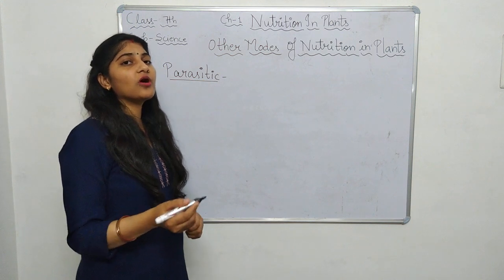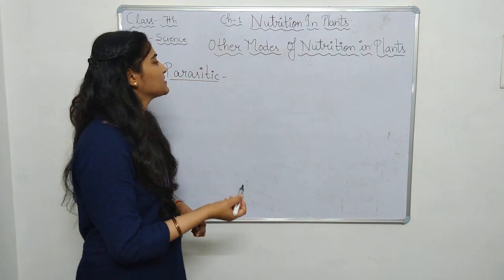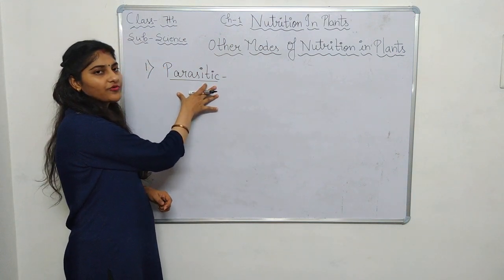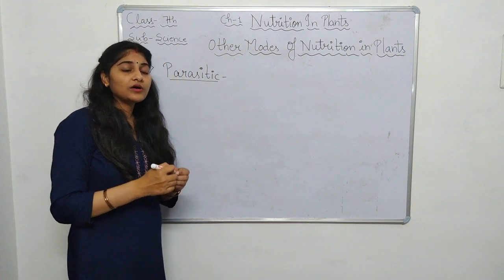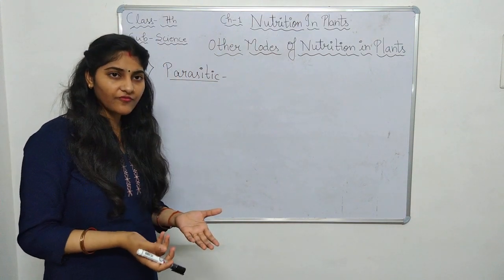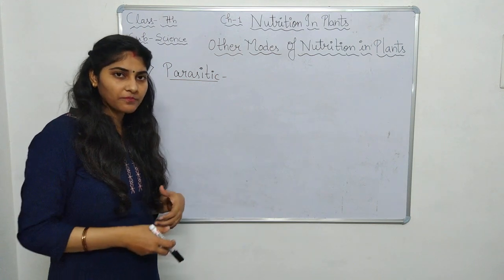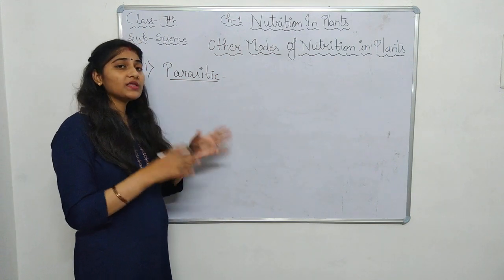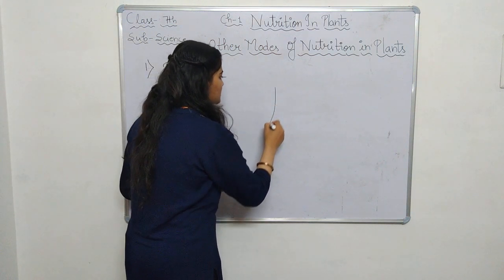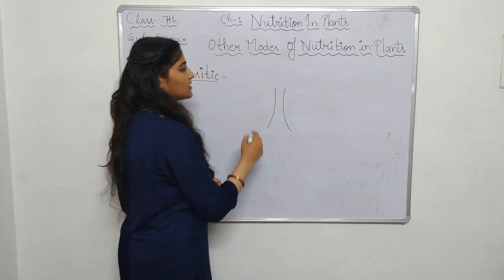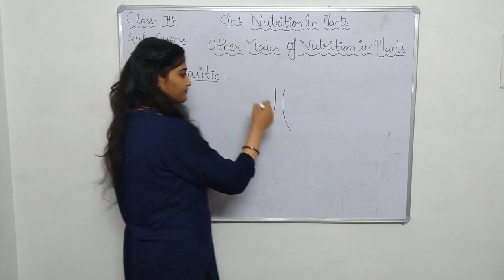The plants which do not have chlorophyll present in them, one of their ways of getting nutrition is the parasitic mode of nutrition. In this, the plant which does not have chlorophyll depends on other plants to get its nutrition. So, if we understand it, suppose this is a plant which has chlorophyll and can prepare its own food.